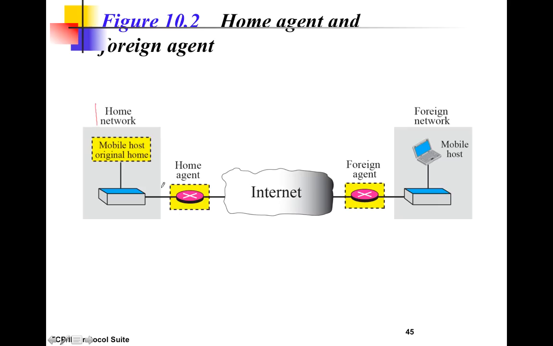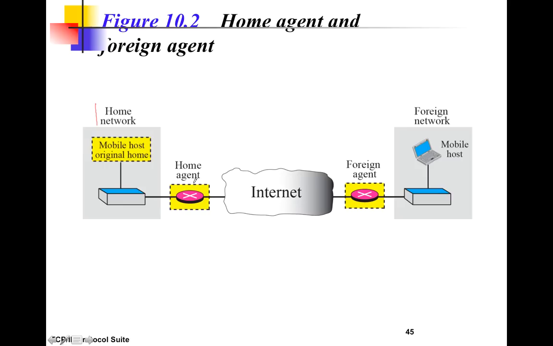And we said every time it moves to a new network, which is a foreign network, in here the mobile will be assigned a temporary address called the care of address. So now who is doing all this assignment and who is taking care of this? We have two devices. Okay, we have some devices that play this role. One is the home agent.